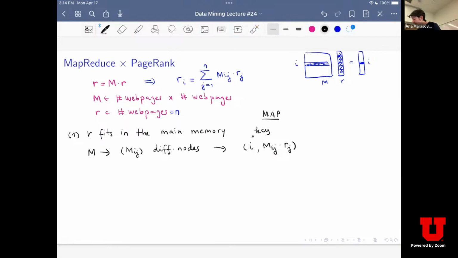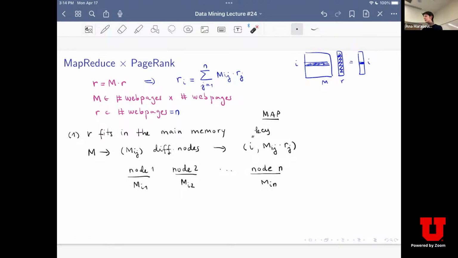But we are going to have on different nodes, if j went from, remember, 1 to n, basically imagine that the values of this row mij were spread across different nodes. So we have node 1 might have mi1, node 2 might have mi2, and then node n might have min.